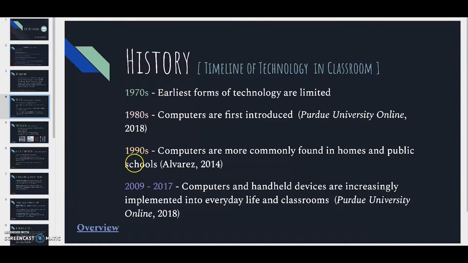In 2009, it was reported that 97% of classrooms have one or more computers. In 2016, in the Horizon report, it was predicted that every student in the United States will have a computing device in the next 2 to 3 years.